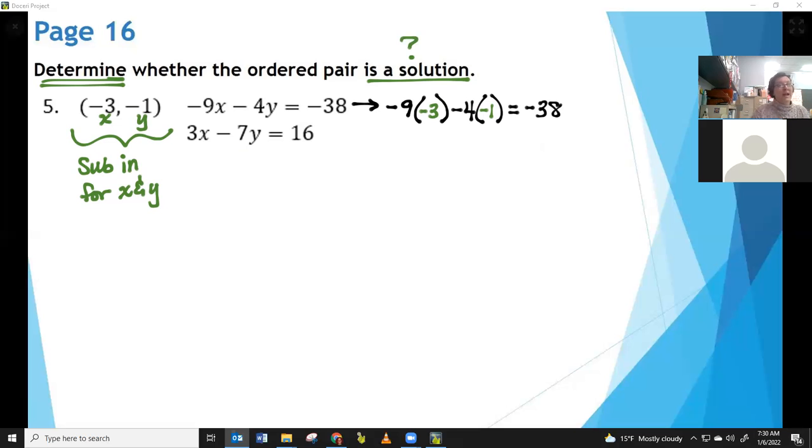Those of you that had me last semester, when we do our checks, we are not allowed to cross that equal sign at all. Cannot cross it. We're going to simplify the left-hand side, and we're going to see if it gives us what's on the right-hand side. So what can I do on the left-hand side to check this, to see if this is a solution?